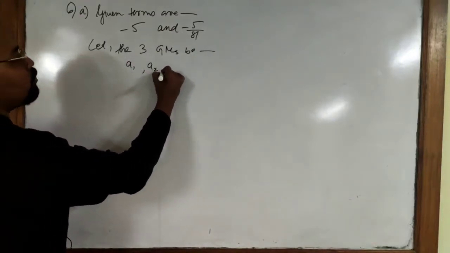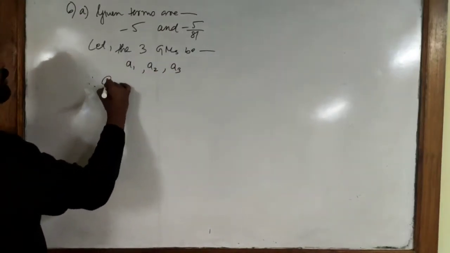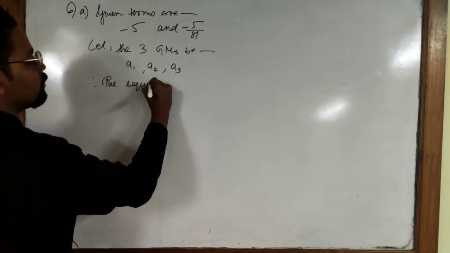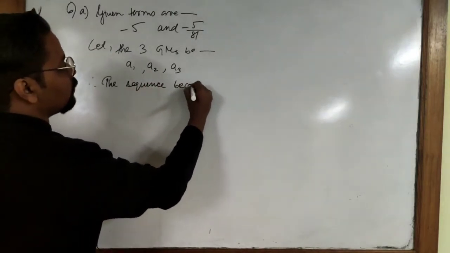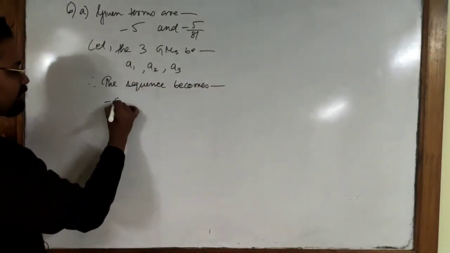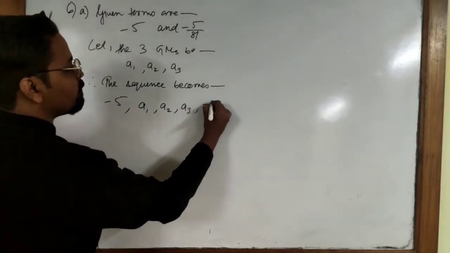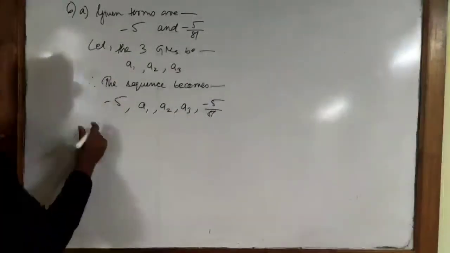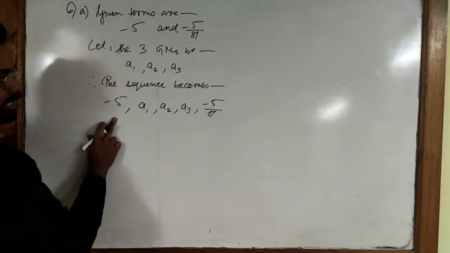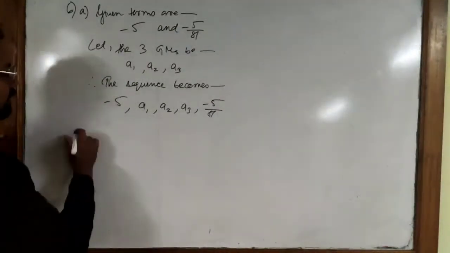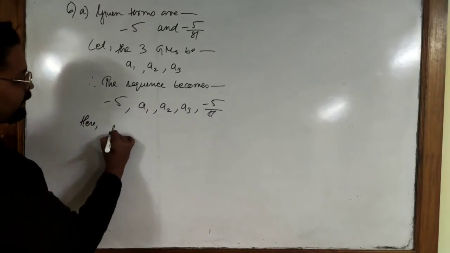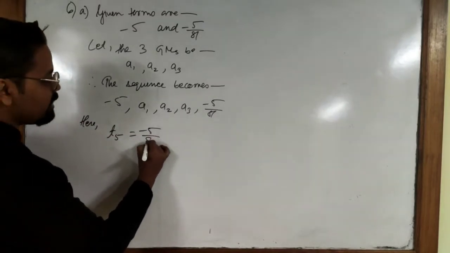A1, A2 and A3. Therefore the sequence becomes minus 5 is the first term, then we have A1, A2, A3, and then we have minus 5 by 81. So here the first term is minus 5, and the fifth term is minus 5 by 81. So T5 is equal to minus 5 by 81.